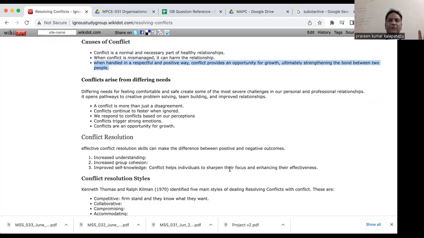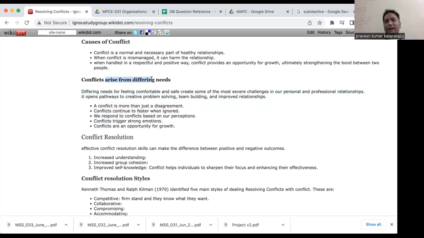Conflict arises from differing needs. Everybody has different needs, and when there are challenges in meeting those needs, that is where the conflict could come, right? That is exactly what this is trying to say.